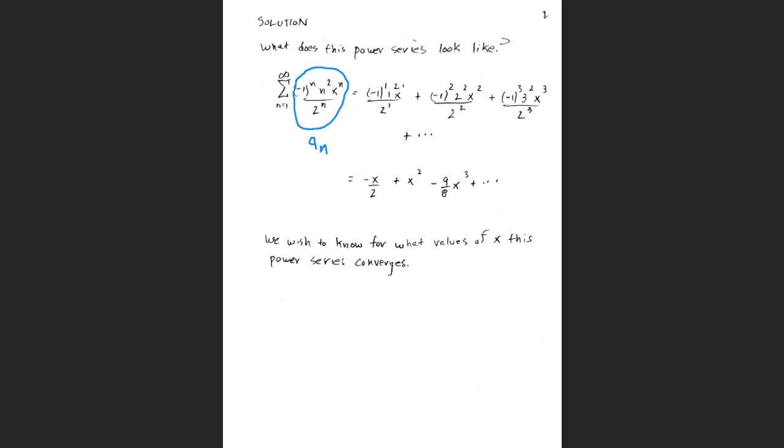The nth term of this series is (-1) to the nth power times n squared times x to the nth power, divided by 2 to the nth power. So we're going to use the ratio test to try to help us determine values of x for which the power series converges. Are there any questions so far? Okay, well, let us move on then.